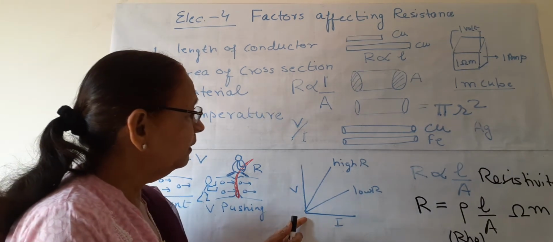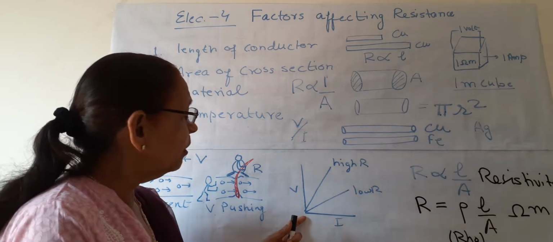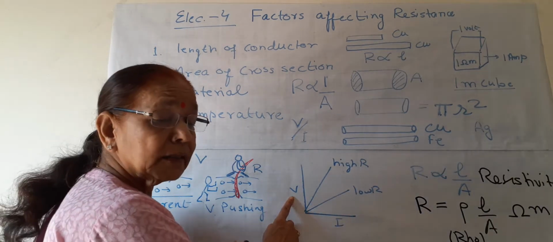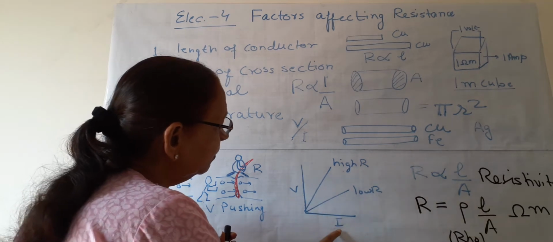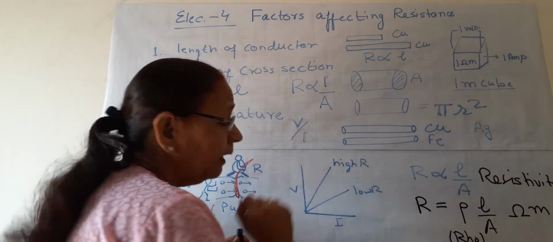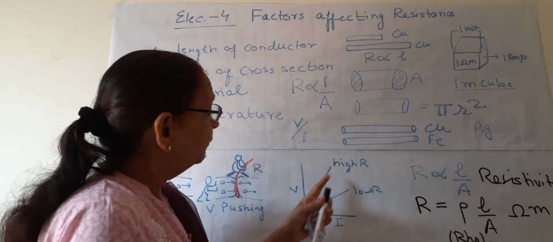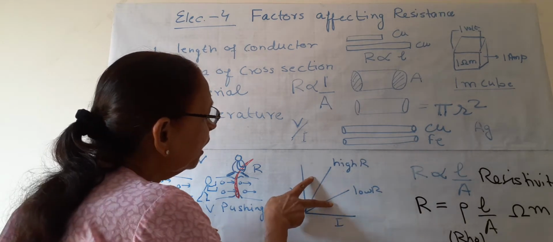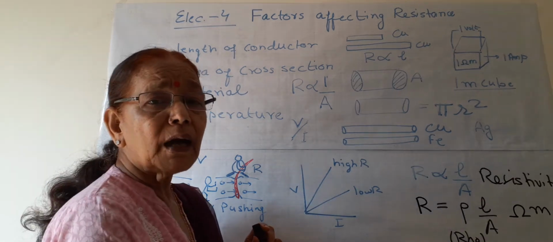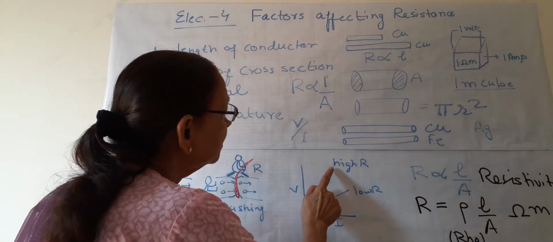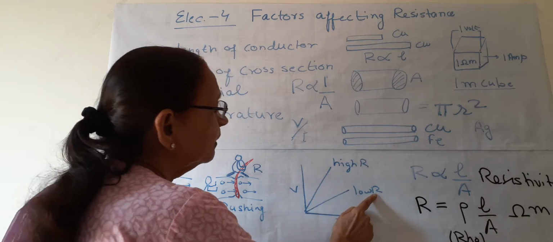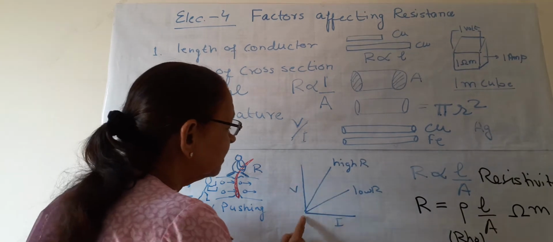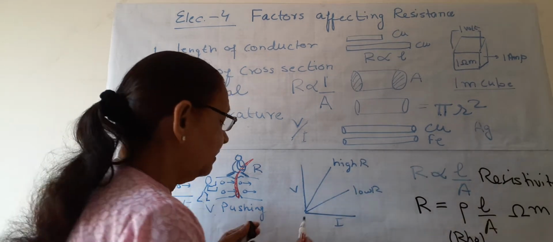Yesterday we learned Ohm's law also. So this is the graph of Ohm's law. On this axis V is there, on this I is there, and the slope of these graphs shows resistance. These types of questions are asked in exams. So this one will have high resistance and this one will have low resistance if V is on this axis and I is on this axis.